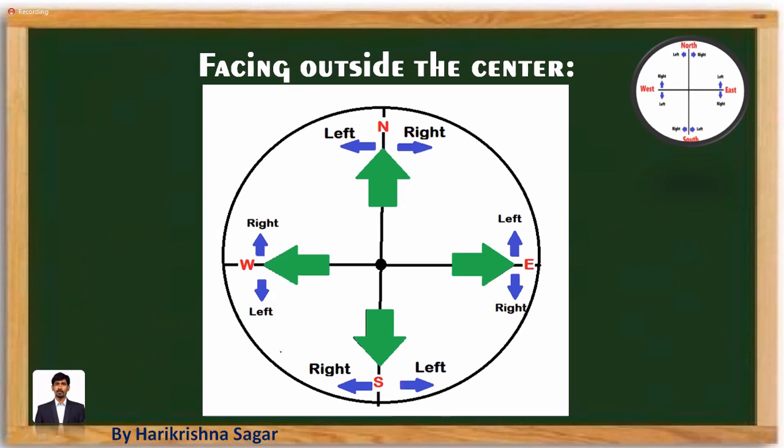If a person is sitting here, he will be watching towards this. That means the person who is sitting in the north direction will watch towards north only. That means there is no difference here. This will be the right, this will be the left.